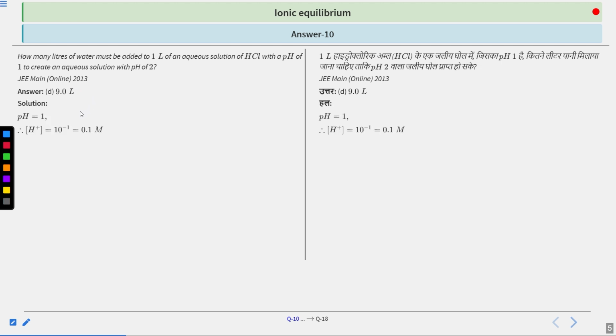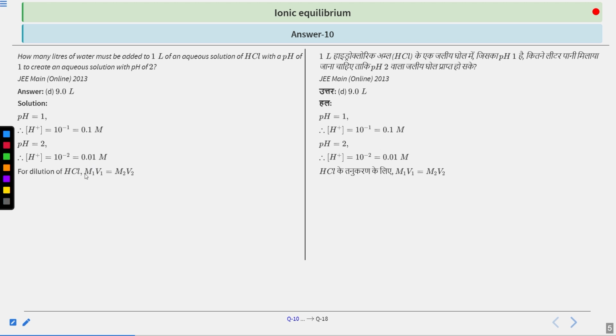So if your pH is 1, that means your hydrogen plus concentration or your proton concentration is 10 to the power minus 1 or 0.1. Now if your pH is equal to 2, then your H plus concentration should be equal to 10 to the power minus 2 or 0.01 molar.